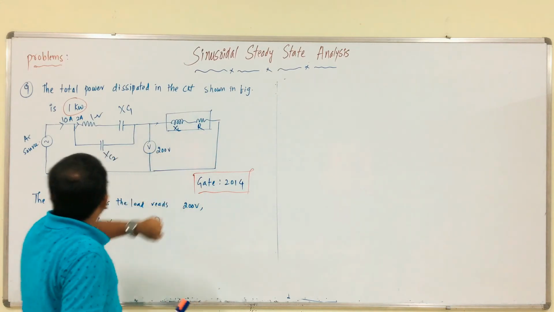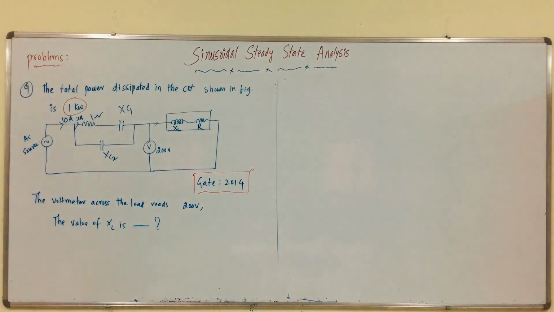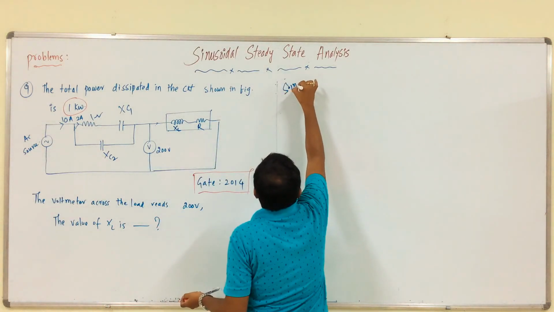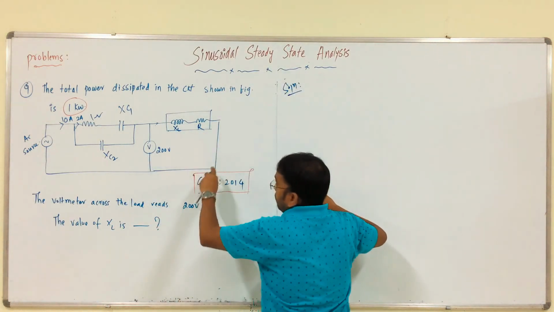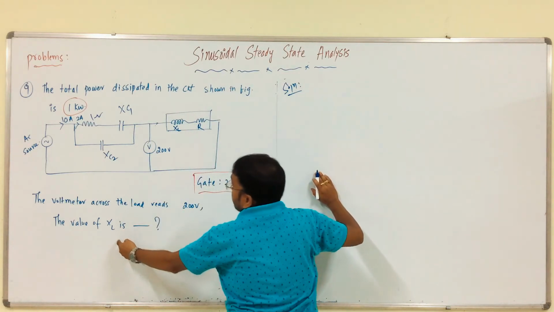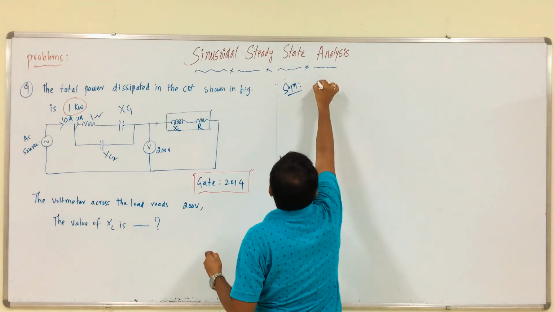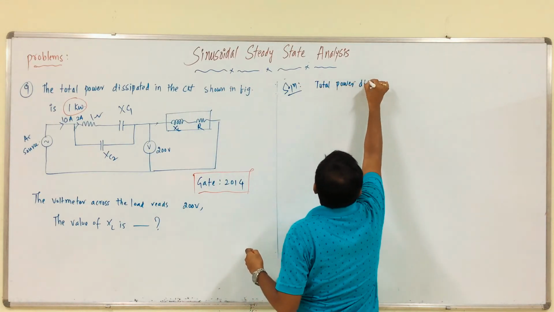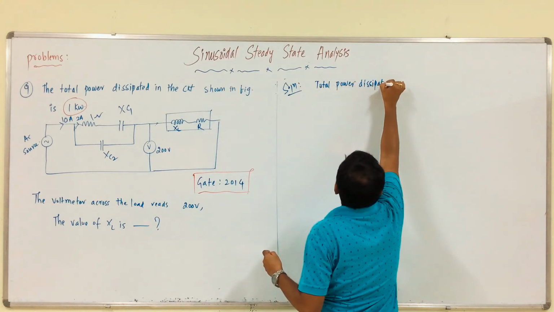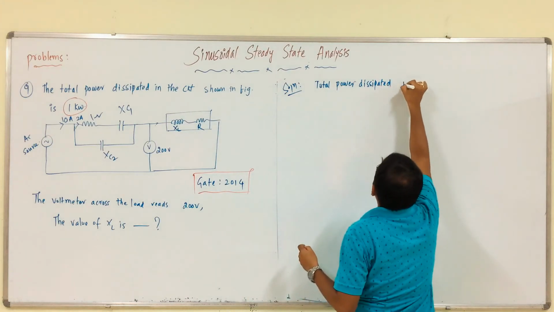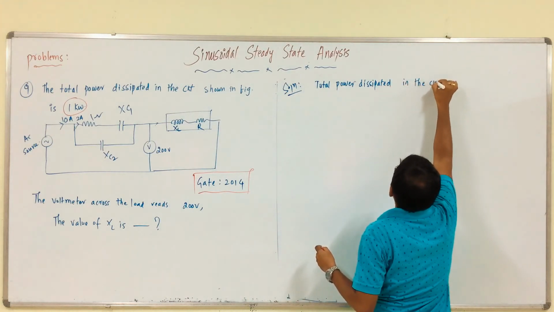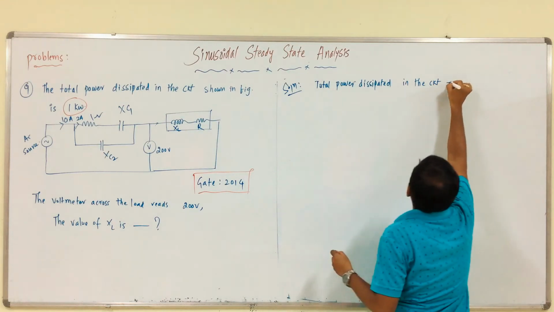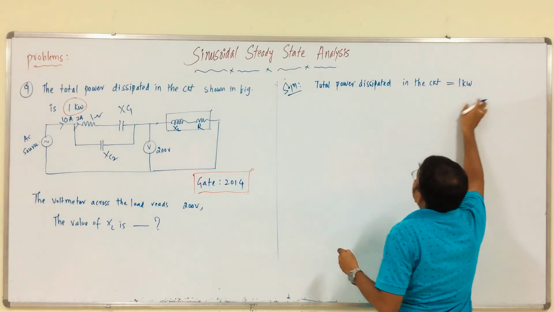So first we have to calculate the value of R, then we can calculate the value of XL. See, he provided the total power dissipated in the circuit, which is 1 kilowatt, right?